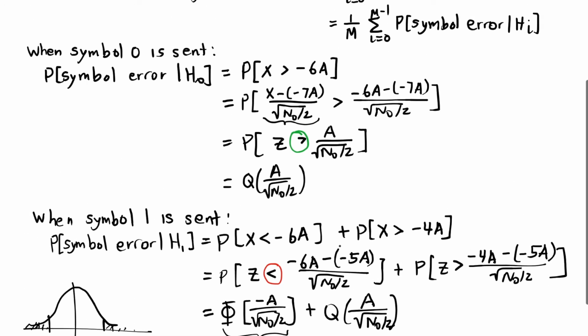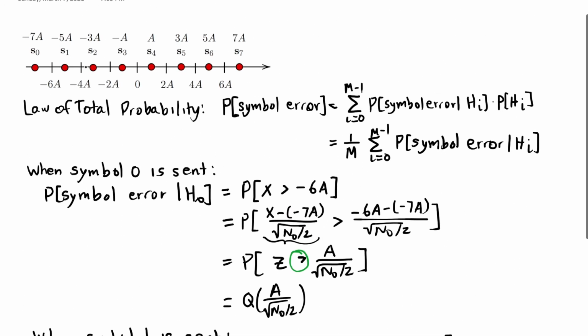And in symbol 1, we're going to end up with the same thing as if I had said symbol 2 was sent. It's got the same thresholds. They're both exactly 1a away from that circle. Same as if symbol 3 was sent, and so on, all the way up to symbol S6. And then S7 is exactly the same as symbol 0 by symmetry.